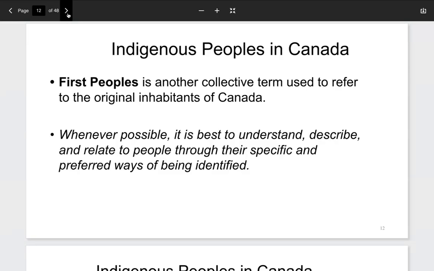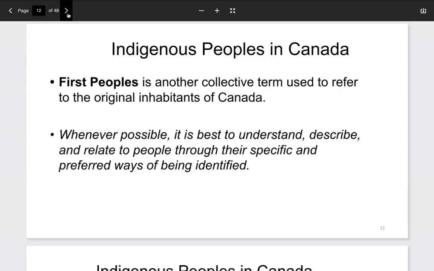Because the term Indigenous, as we've just learned, encompasses the First Nations as well as the Inuit, as well as the Métis peoples. However, these are very distinct groups. When we're talking about the Indigenous peoples, they're not a homogeneous group.